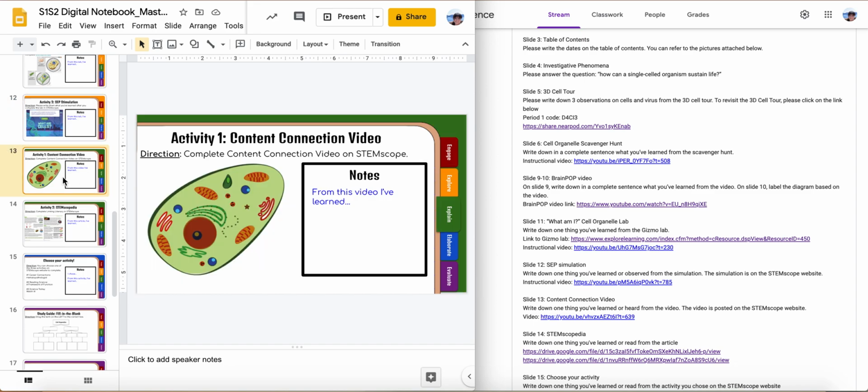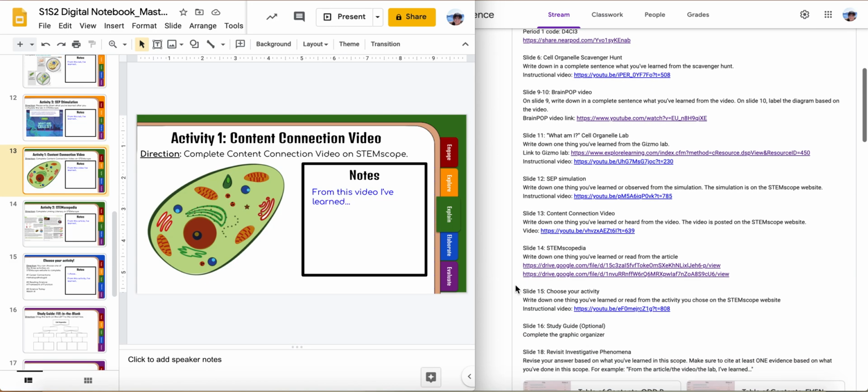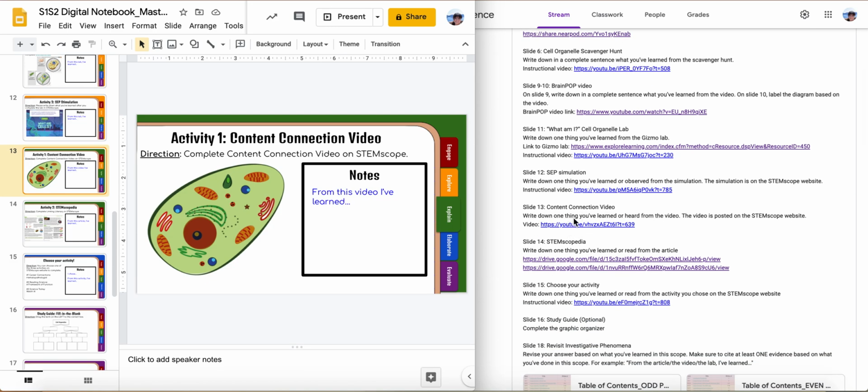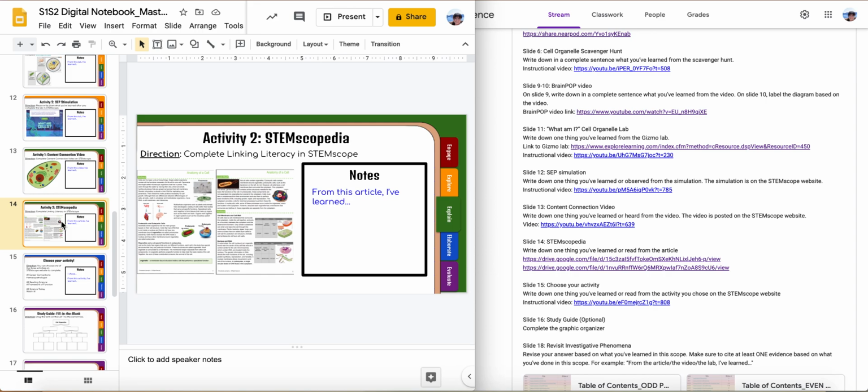Slide 13, content connection video. Go ahead and click on this link right here if you would like to rewatch the video. Slide 14, STEMscopedia. Go ahead and write down one sentence on what you have learned or read from the article.